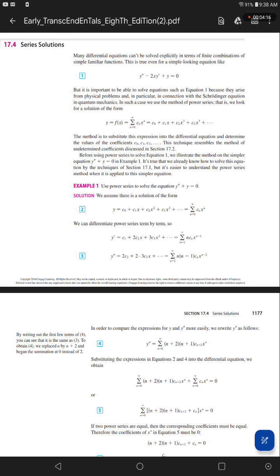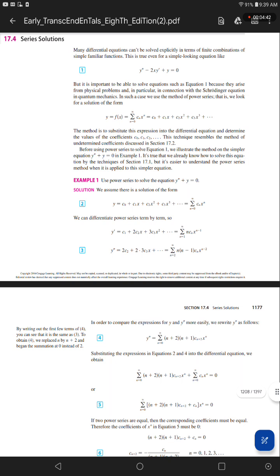Substituting the expressions in equations 2 and 4 into the differential equation, we obtain the sum from n equals 0 to infinity of open n plus 2 close open n plus 1 close c sub n plus 2 times x to the power n plus the sum from n equals 0 to infinity of c sub n times x to the power n equals 0.